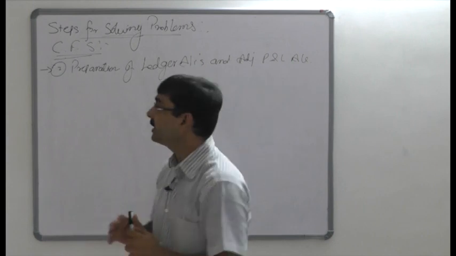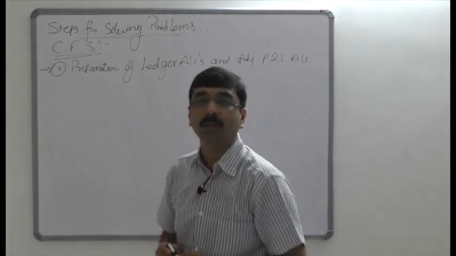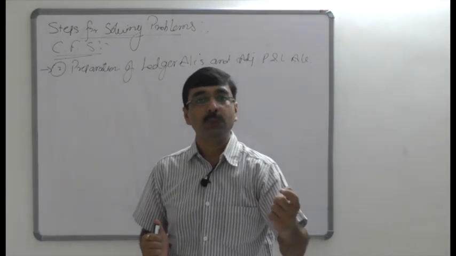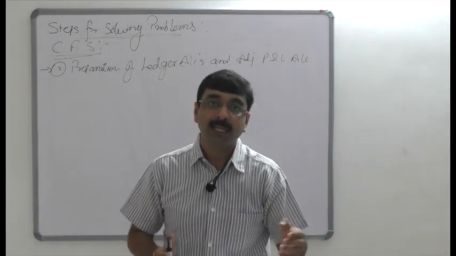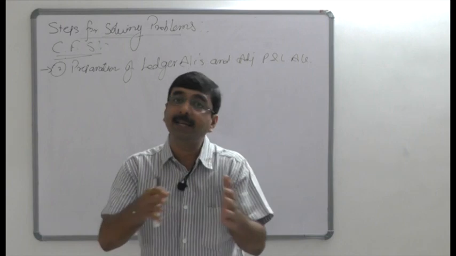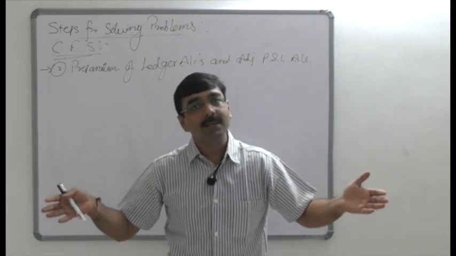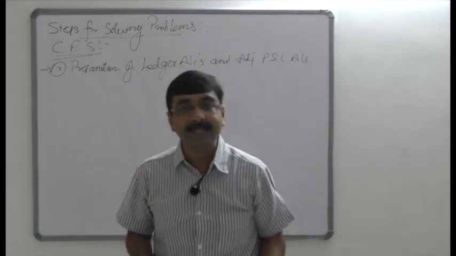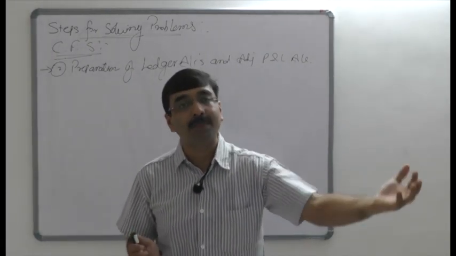Why do we start the questions from this? Because we prepare the cash flow statement as per Accounting Standard 3. In that format, the whole structure is divided into 3 parts: financing activity, investing activity, and operating activity.